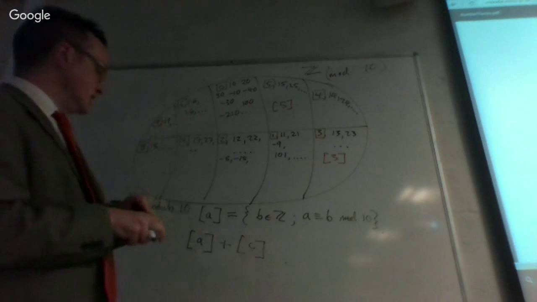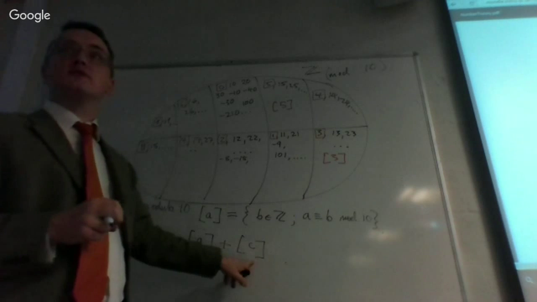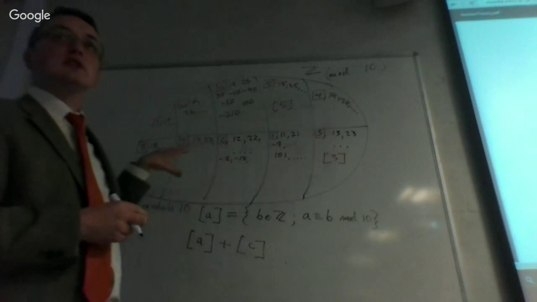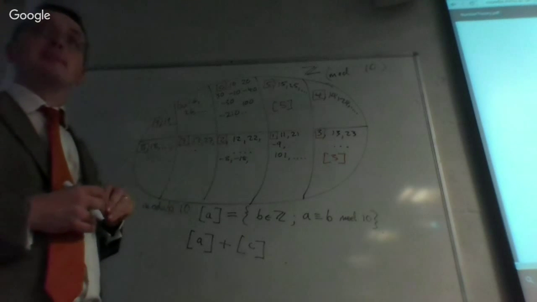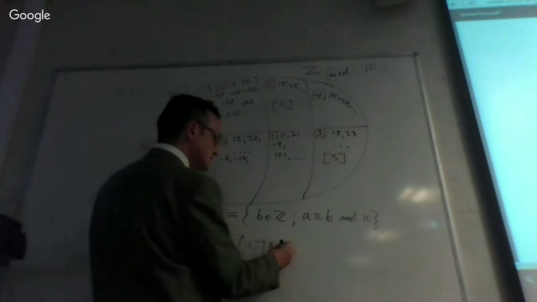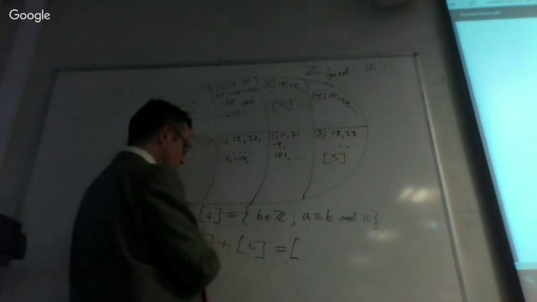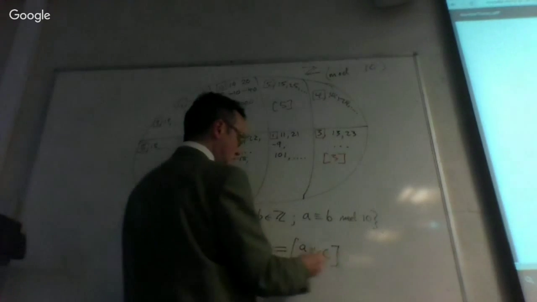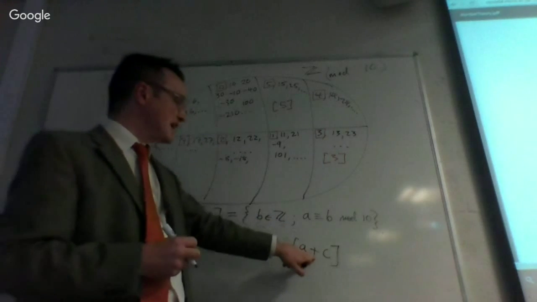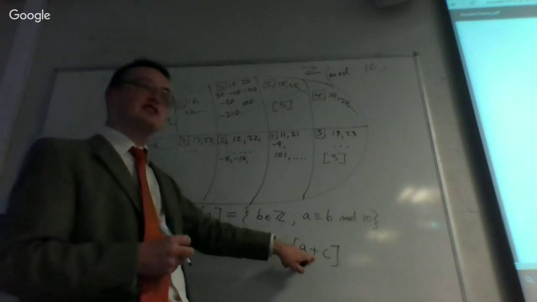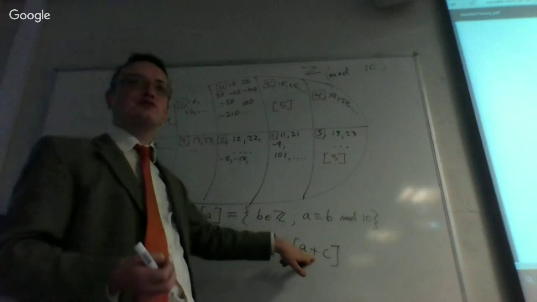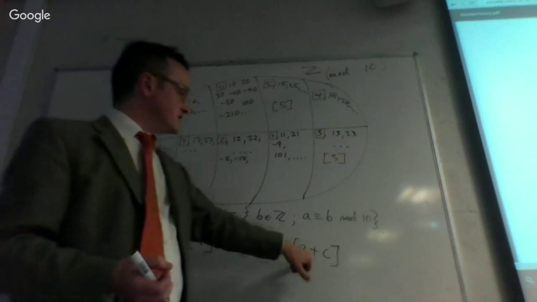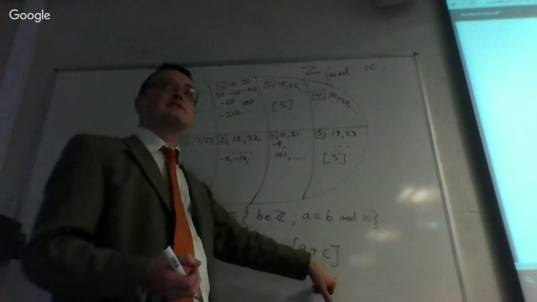So here I've got 2 congruence classes modulo 10. So 2 of these subsets. I want to add them together. And there's an actual definition to that. Well, I just choose one representative from the first, one representative from the second. I add them as integers. So this plus here is just the plain old-fashioned plus, adding integers together. So you add the representatives, and you then look at which congruence class you end up in.